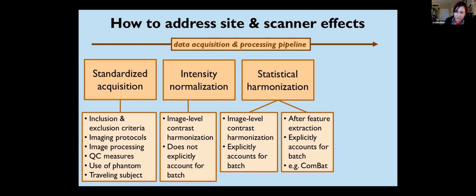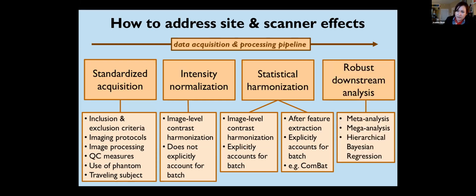So ComBat is one example of that. And then finally, we can do robust downstream analysis, where we pool the results in a robust way. So is it, for example, meta-analysis, mega-analysis, or hierarchical Bayesian regression?